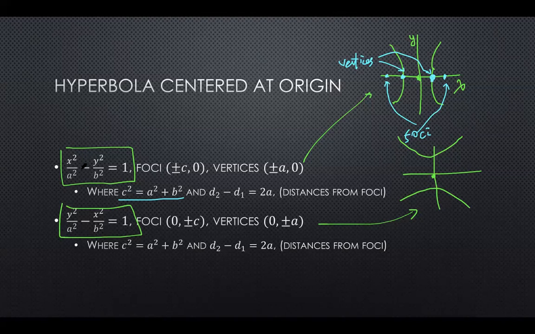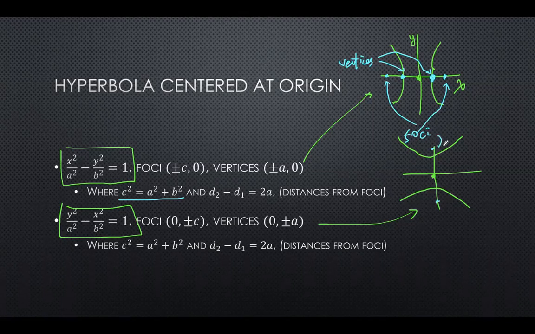So you notice the sign changes, right? You have minus here and plus here. In the ellipse, you have plus here, but minus here. In the second case, you shift the foci to the other side, to the y-axis.